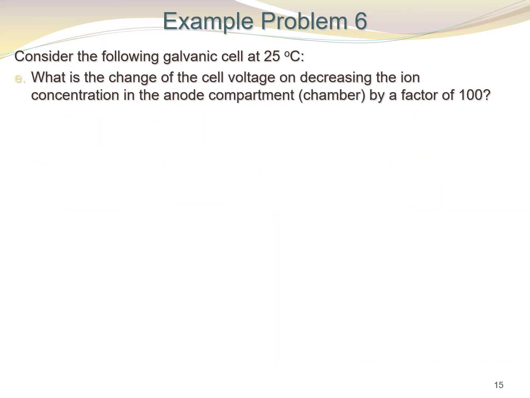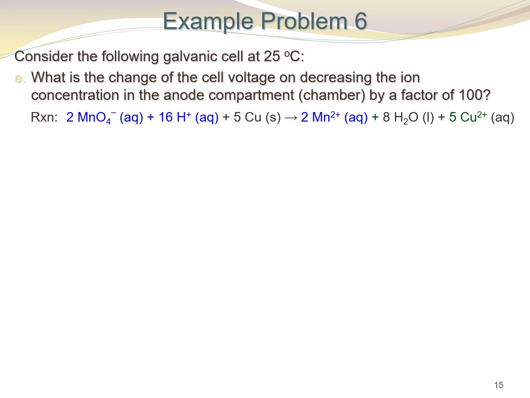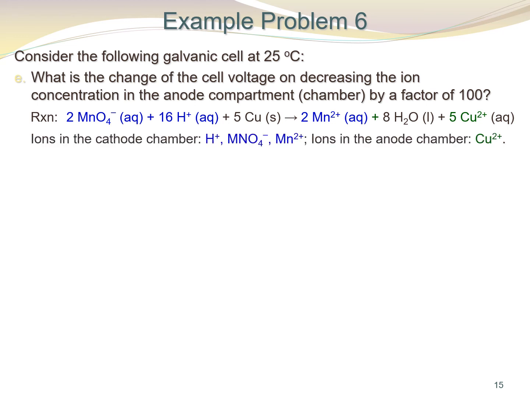In this question, we want to know the change of the cell voltage, which is cell potential, on decreasing the ion concentration in the anode compartment, which is the anode chamber, by a factor of 100. First, we have our overall reaction. And remember in the previous slide, we noticed just what ions are in each chamber.